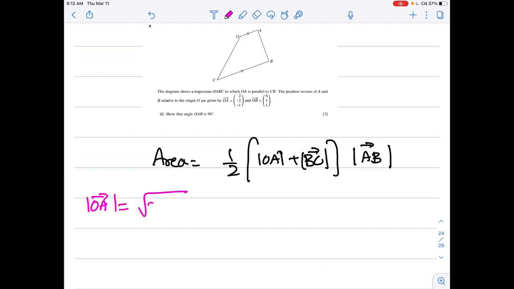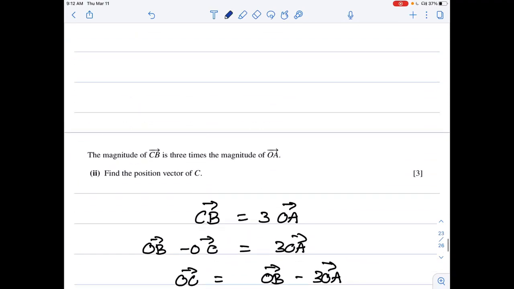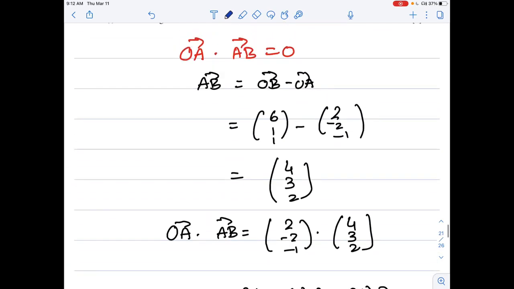which is the square root of 2 squared plus 2 squared plus 1 squared, which is 3. Modulus of BC, we have learnt earlier that it is 3 times OA. So therefore it becomes 9. Now I have to find the modulus of AB. AB was found in the first part.